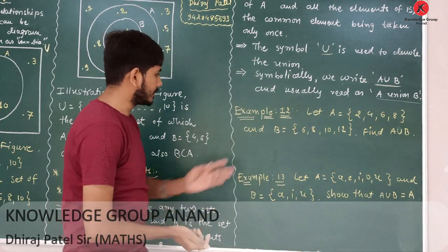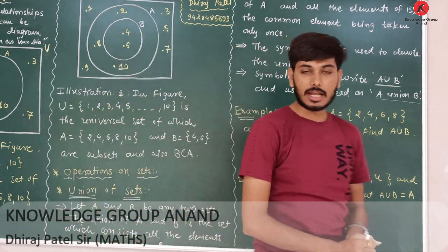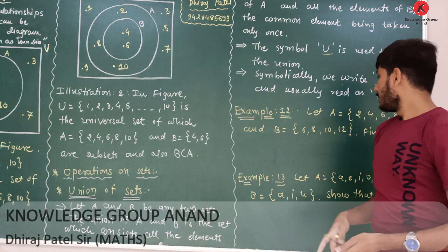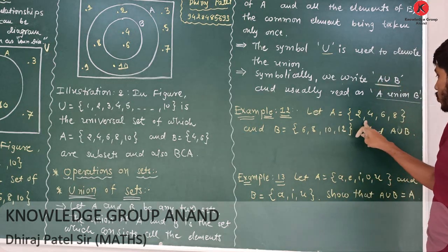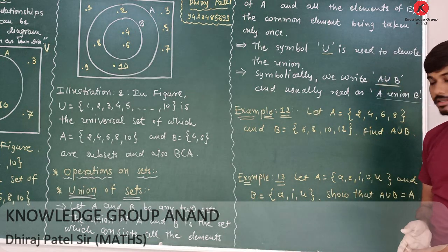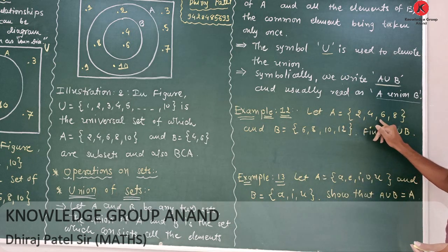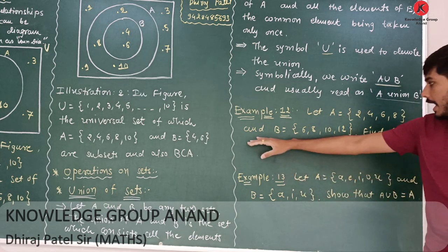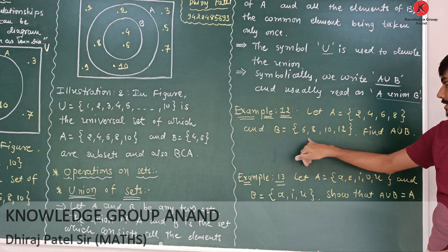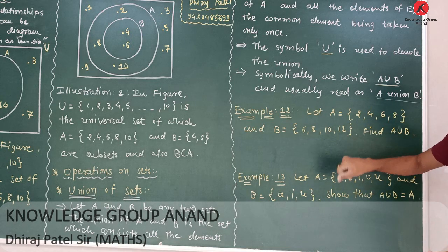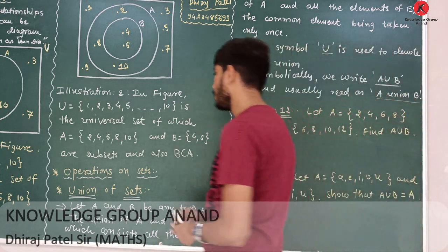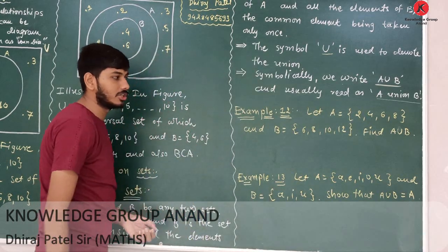Now we are going to see the examples. Example 12: let set A equal to 2, 4, 6 and 8, and set B equal to 6, 8, 10 and 12.